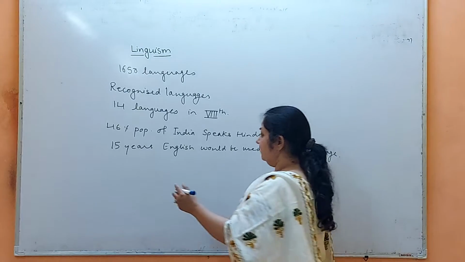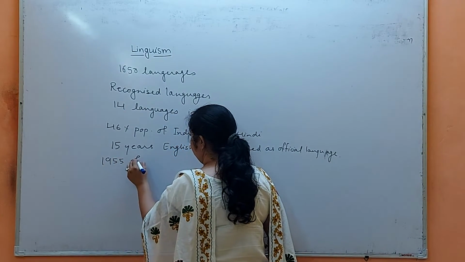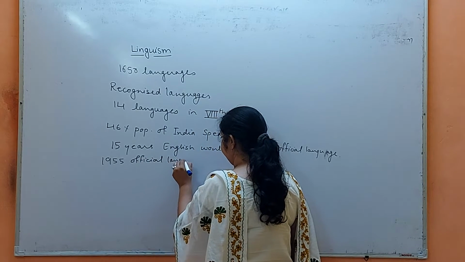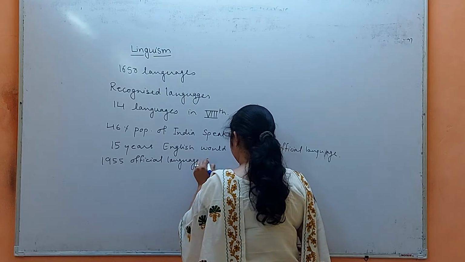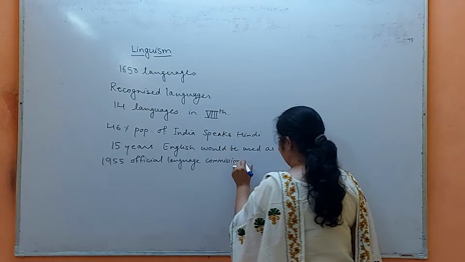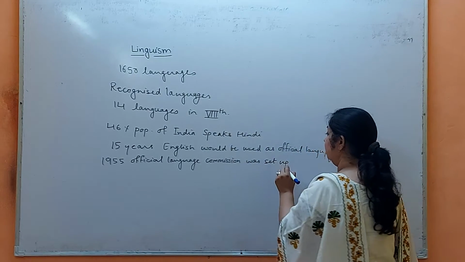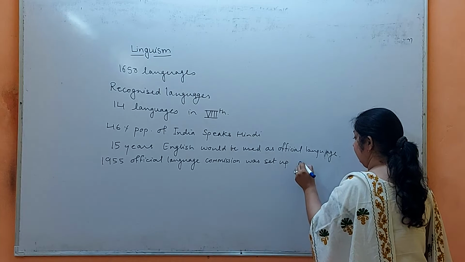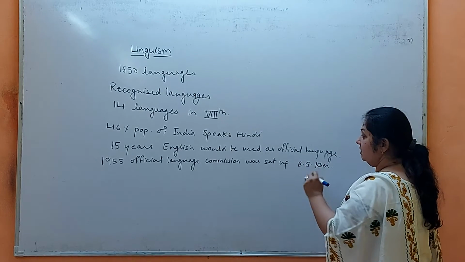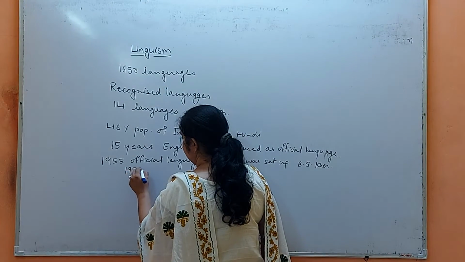So in 1955 Official Language Commission was set up under the chairmanship of B.G. Kher. Now see, this commission submitted its report in 1956.